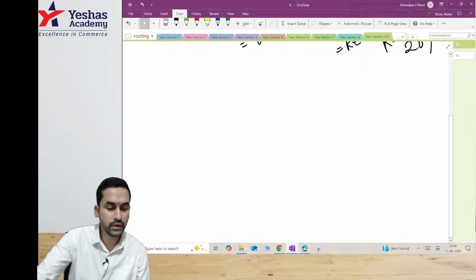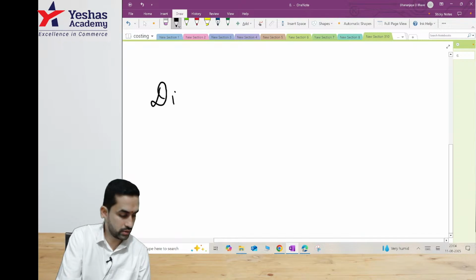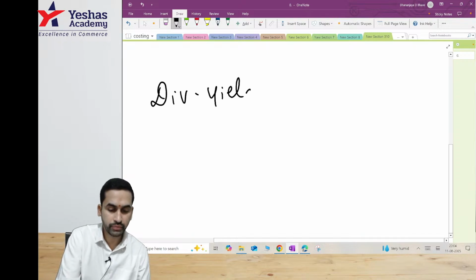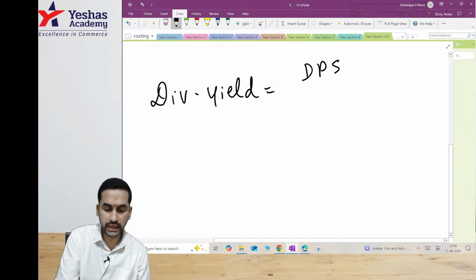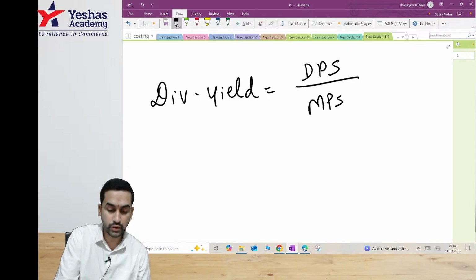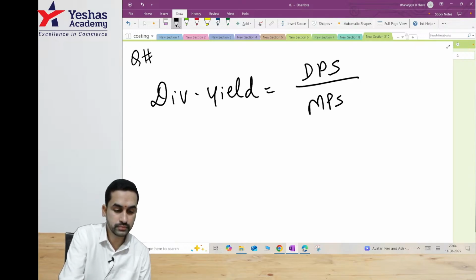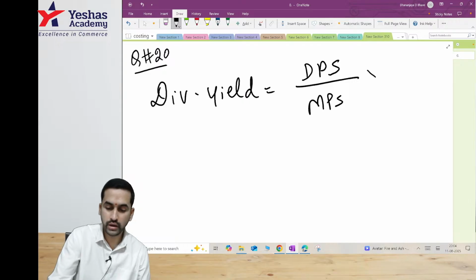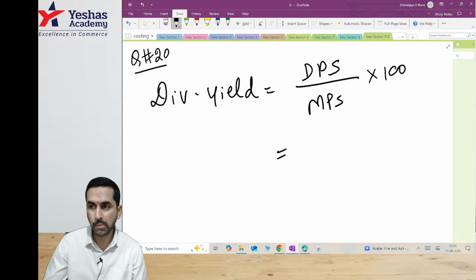Please start. What is the formula for dividend yield? DPS by MPS, into 100. Answer will be in percentage. Tell me, you have the book with you.